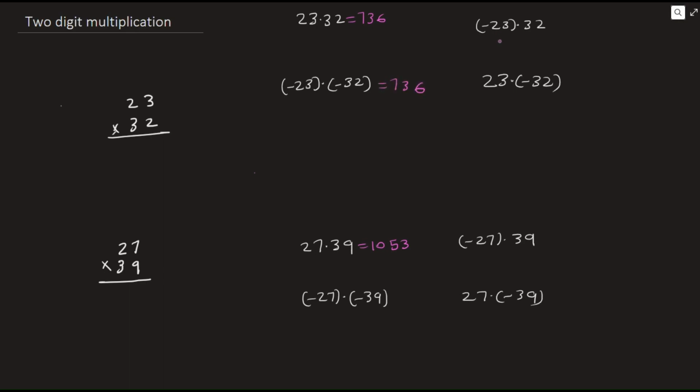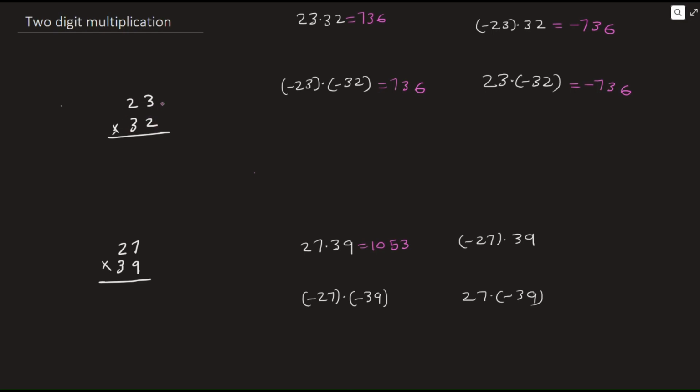When I have -23 times 32, I have -736. And in this case 23 times -32, again -736. But now let us find out how to get the actual answer 736 by multiplying these two numbers.